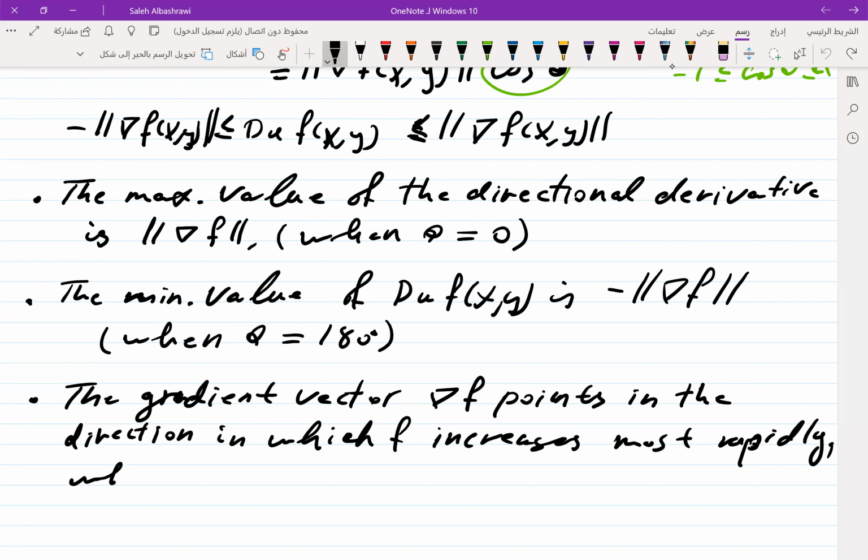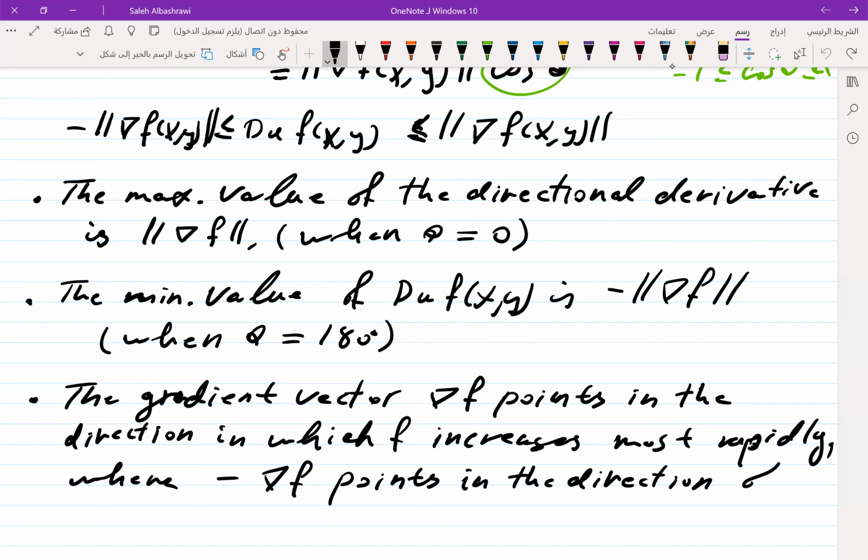Where minus the gradient of the function points in the direction of the most decreasing.